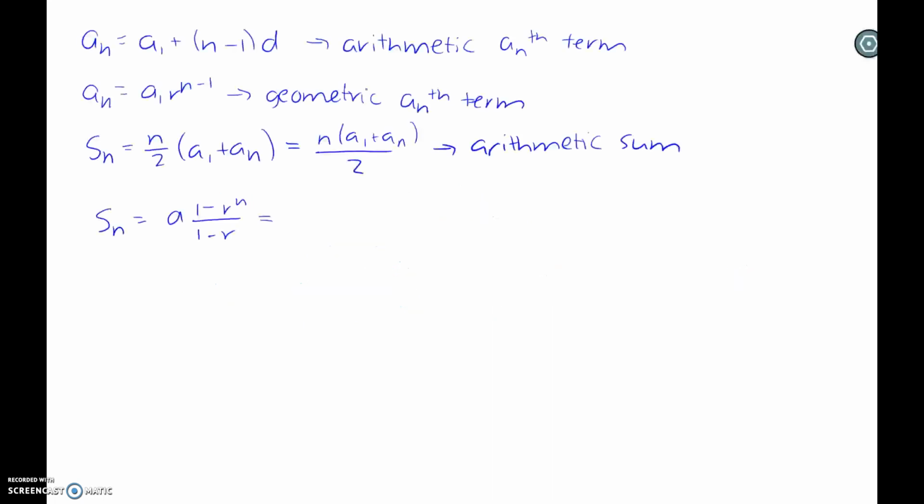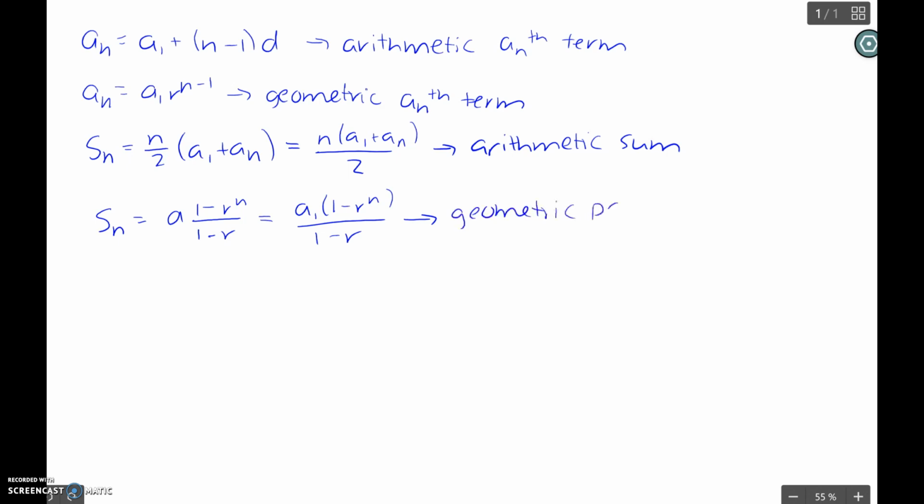So that's the same as a_1 times (1 minus r to the n) over (1 minus r). I don't like writing a_1 because if you're not starting with 1, if your n is starting with 5 or whatever when you see the summation formula, then you don't want to use a_1, you want to use your first term. It's whatever your first term is, though. And then this is a geometric partial sum.